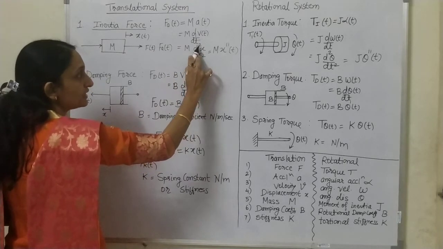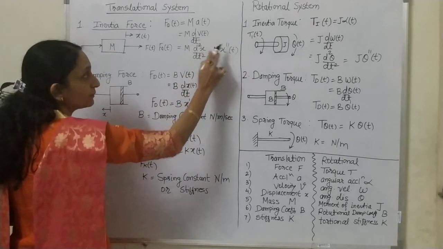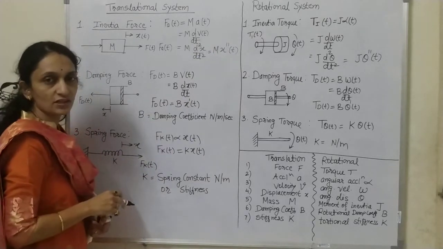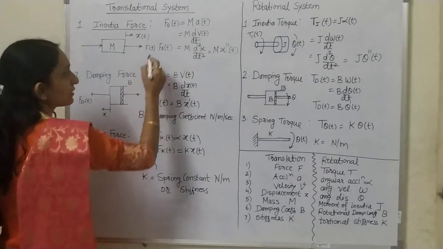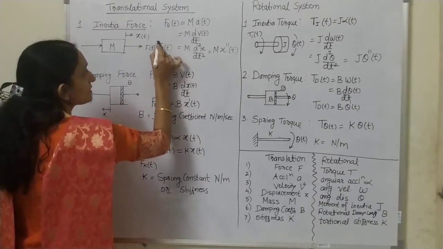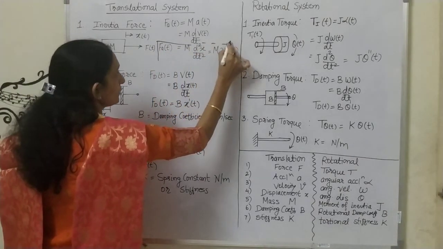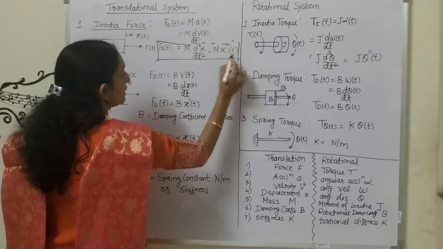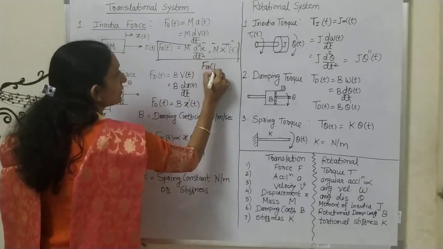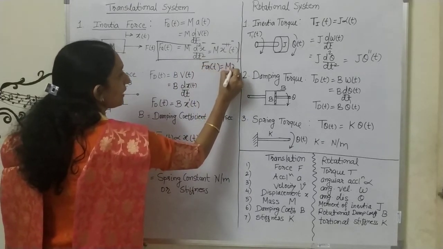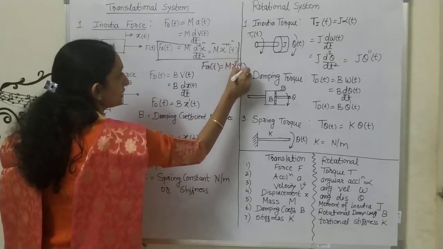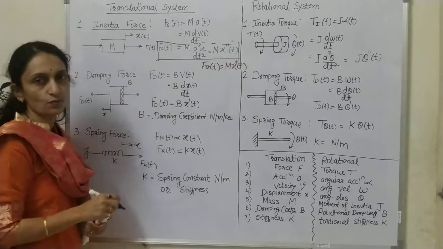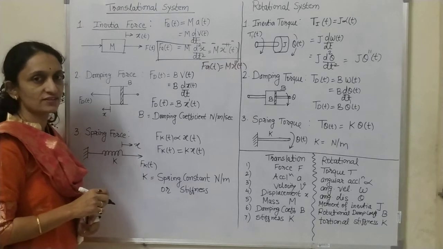I have replaced d2x by dt square with x double dash of t. This is the representation in time domain form. So we got the first expression: Fa of t is equal to m x double dash of t. This is the first force that opposes the translation system.